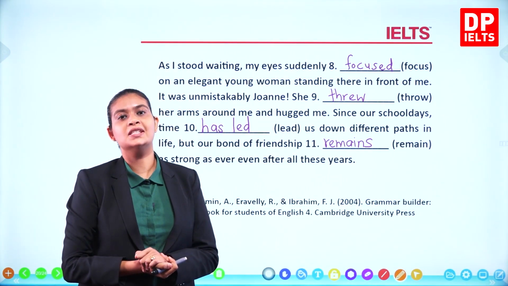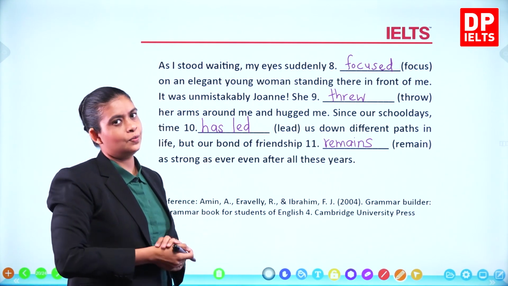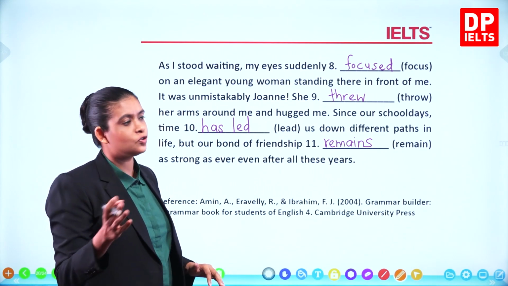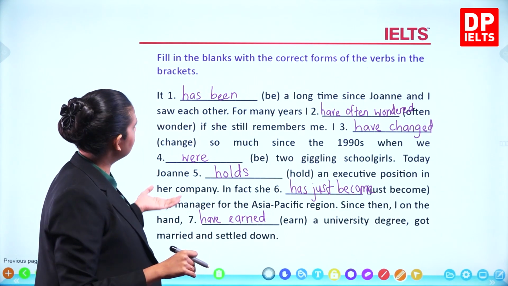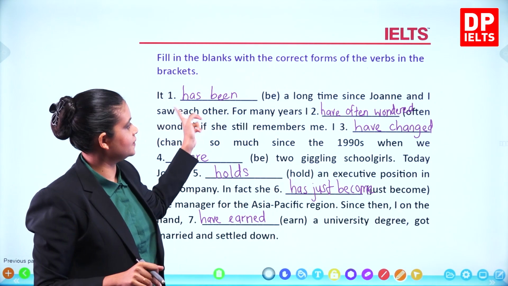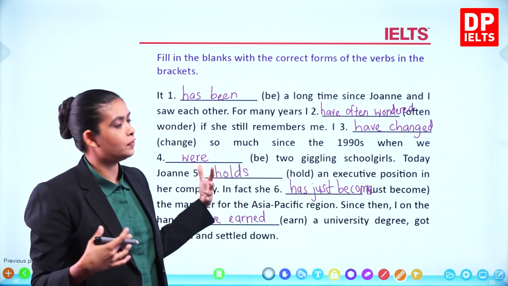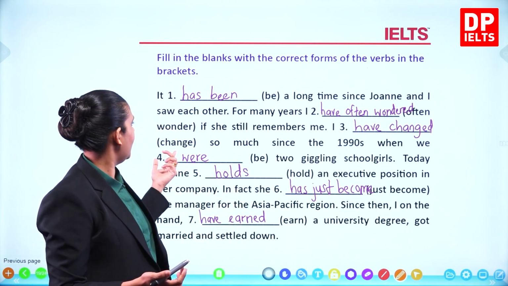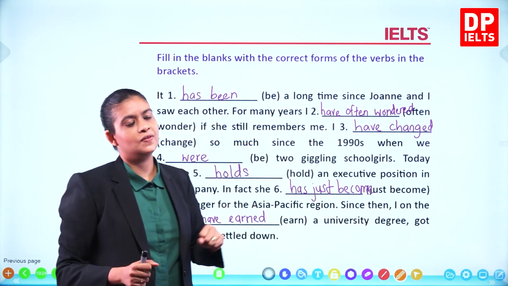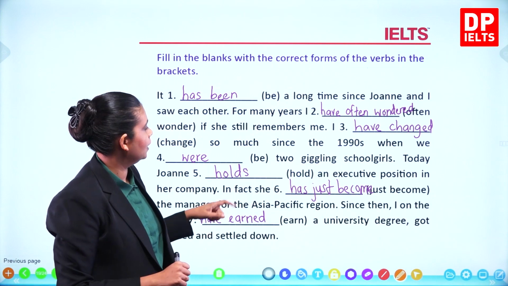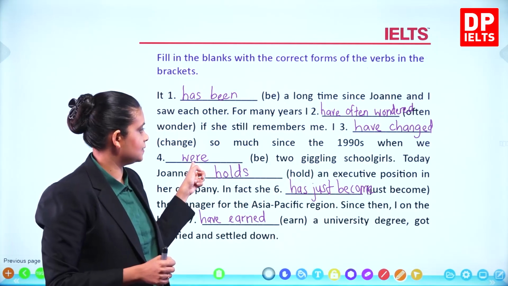So, we have discussed the answers, and I hope you have understood as to why I've put the past tense or the present perfect, right? So here, since is there, so it is the present perfect. Many years, we are not sure of when it is, so often wondered. And changed since, again, because since is there, we have done the present perfect. 1990s, specific time, so the past tense.